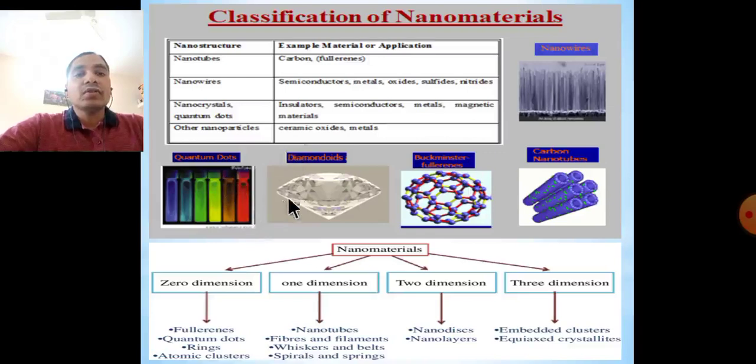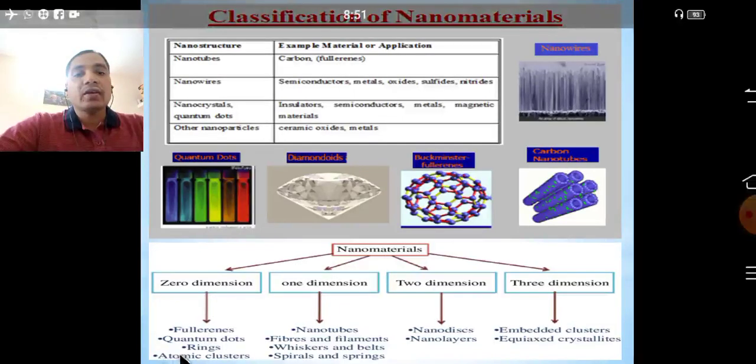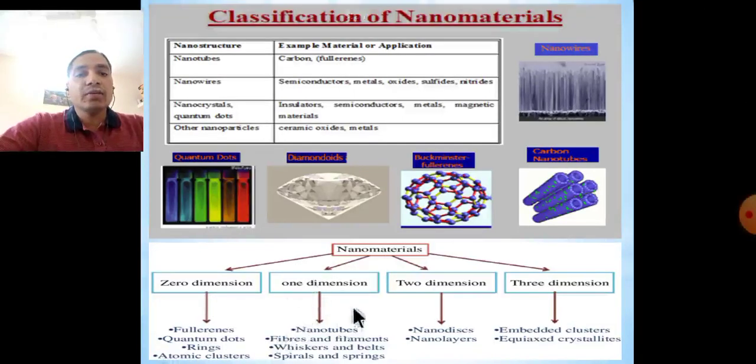The color of quantum dots, diamonds, fullerene, and carbon nanotube. The morphology of nanomaterials: zero dimension, fullerene, quantum dots, rings and atomic clusters. One dimension: nanotube, fibers and filaments, whiskers and belts, spirals and springs.